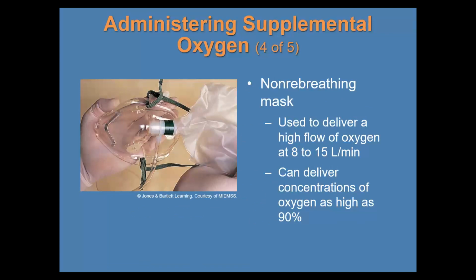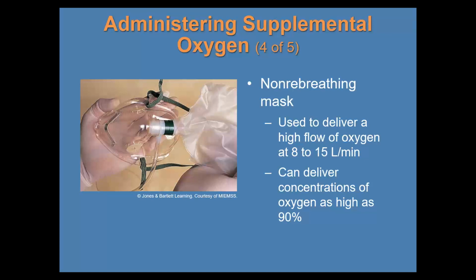Some of the issues with this: you see the 2 little discs on either side of the nose cone. They let the air that you exhale out, and then you're constantly breathing in the air in the bag, which is coming from the bottle.